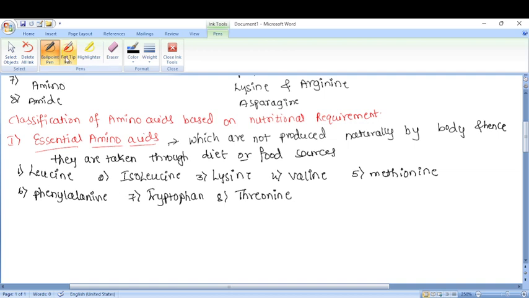Next, the second type is non-essential amino acids.